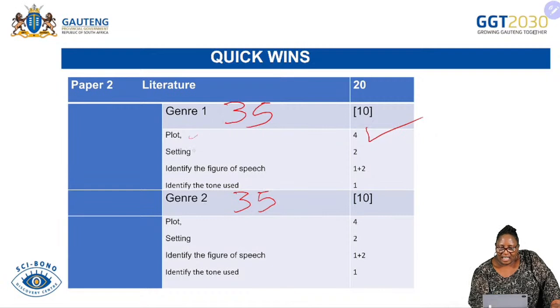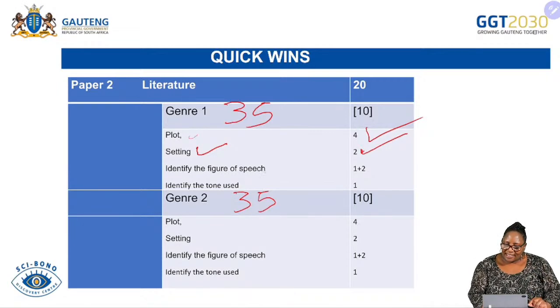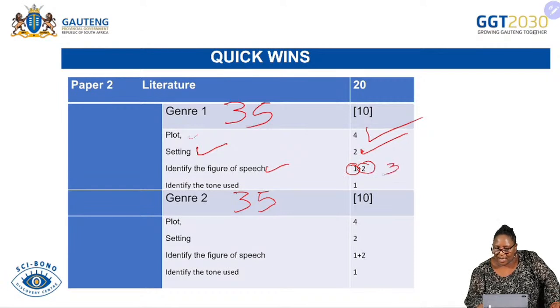You will also get a question on setting, and that question is 2 marks. You will have 2 questions that are to do with the figures of speech. Identify the figure of speech and the explanation thereof. To identify the figure of speech, you will get 1 mark. And for the explanation, you will get the 2 marks. So you have 3 marks in the bag.